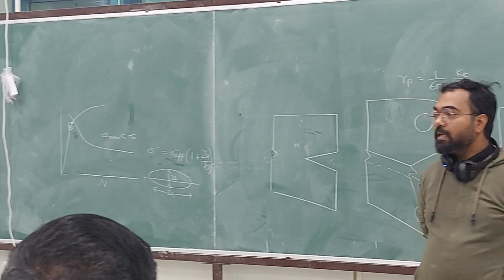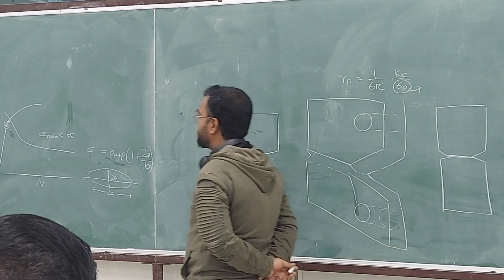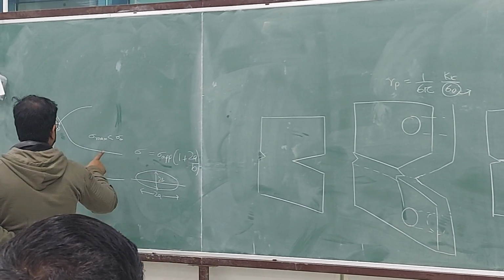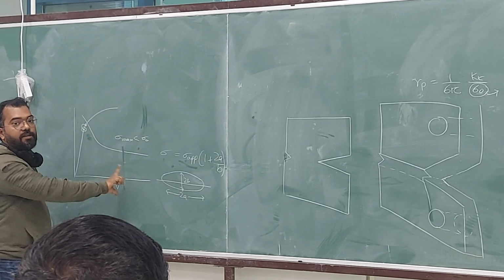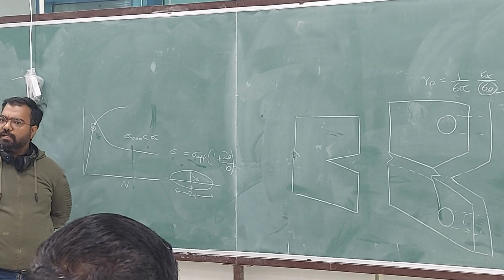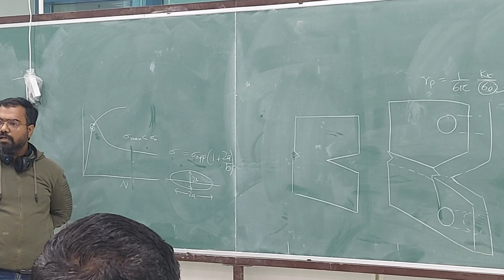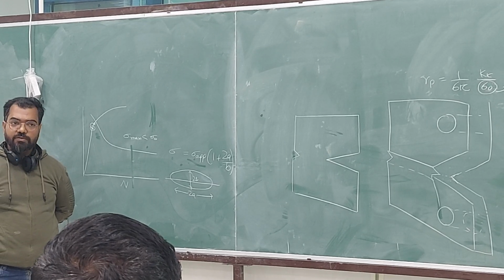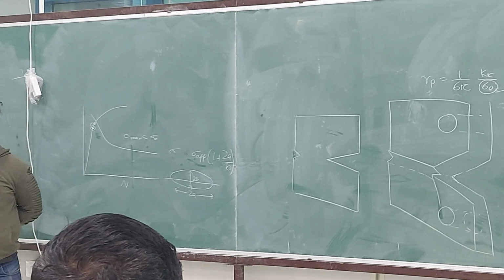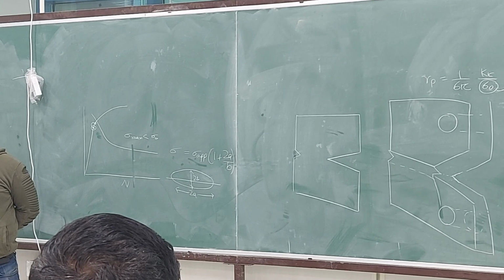People have done experiments by testing at stresses lower than sigma naught and stopping at a certain number of cycles, a very, very marginal number of cycles: 100 cycles, 1,000 cycles, 10,000 cycles, which is nothing for metallic materials.